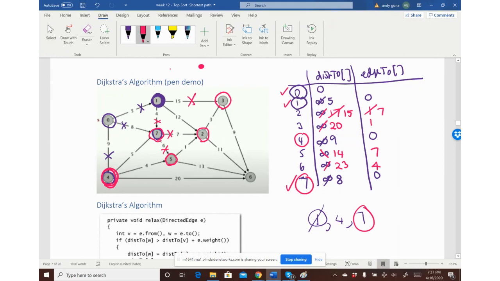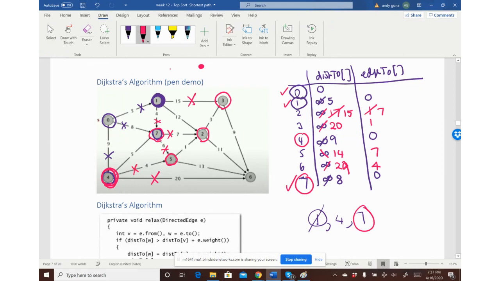So I did update using this edge. It's good to cross out the edges, because, oh, it is 29? Oh, yeah, thank you. 29, you're right. Why did I say 23? Okay, 29, yes.